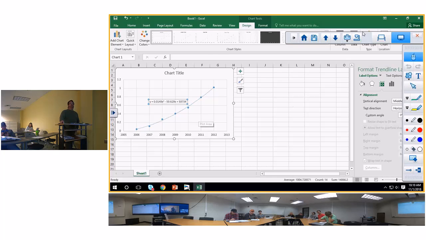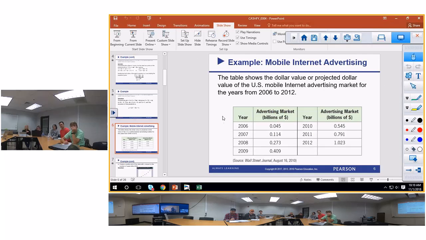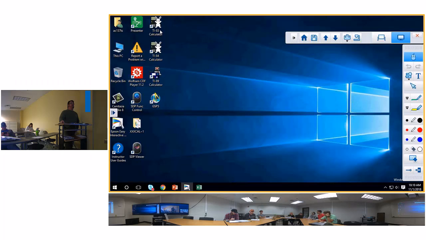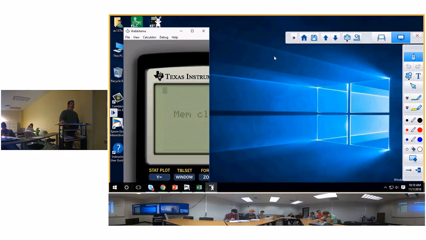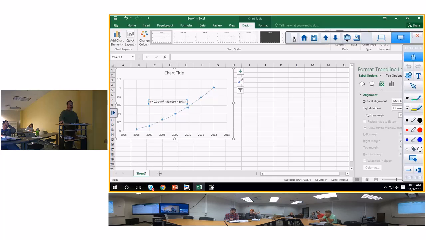You plug it into Y or X? Let me go to the calculator. Actually, I'm just going to use the Excel spreadsheet because it's a whole lot easier to maneuver.